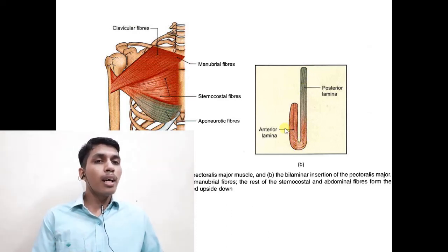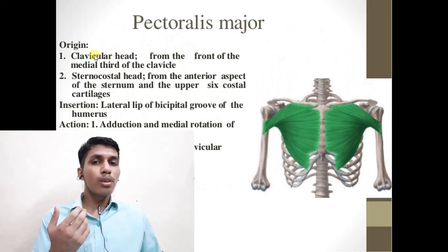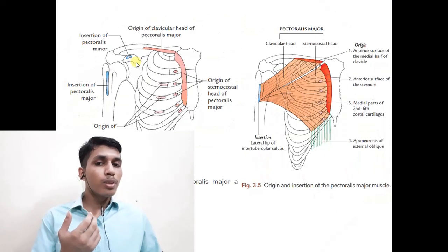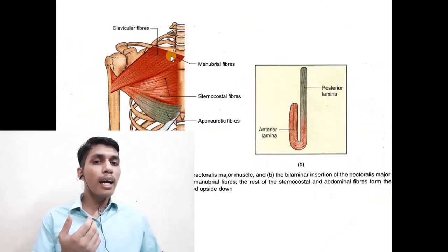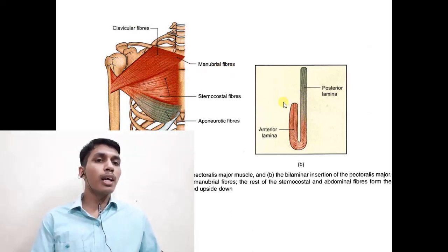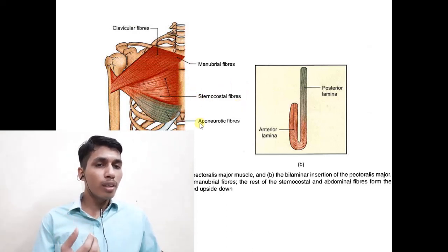Now the anterior lamella consists of fibers from the clavicular head and the manubrial fibers, whereas the posterior lamella is composed of the rest of the sternocostal fibers and the aponeurotic fibers.